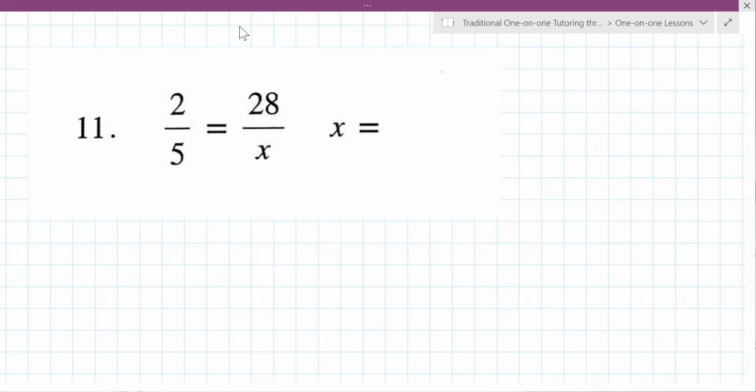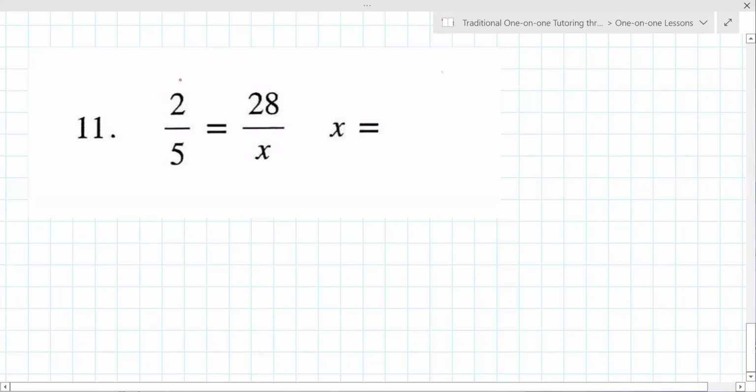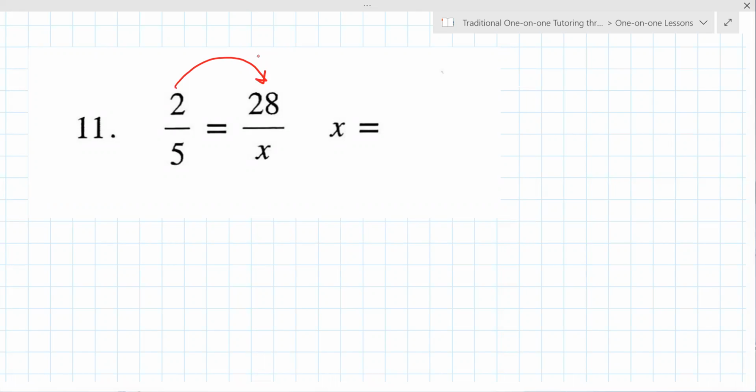Right. So this one, the question to you is, how do you go from 2 to 28? What do you multiply 2 by to get to 28? You can multiply it by 14. Okay.